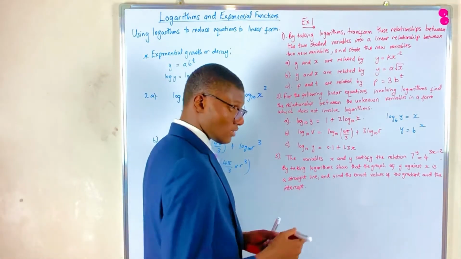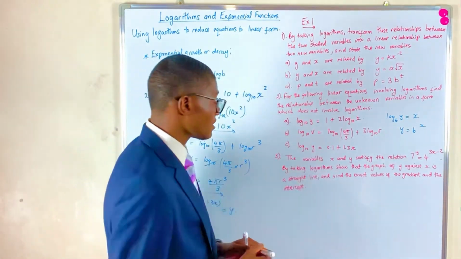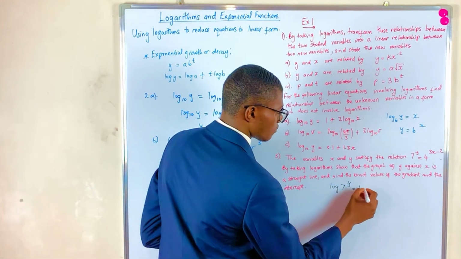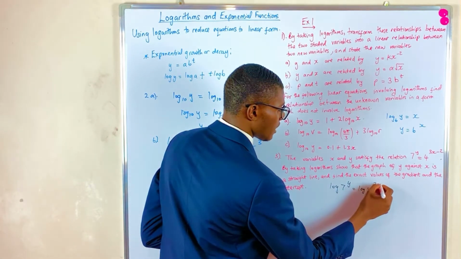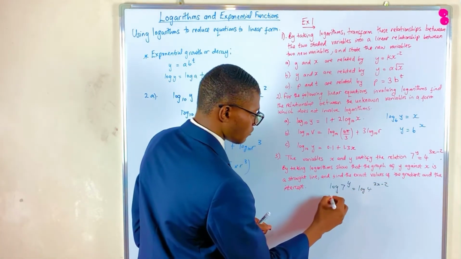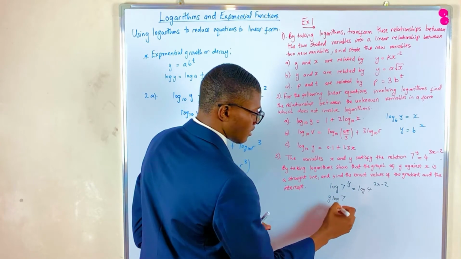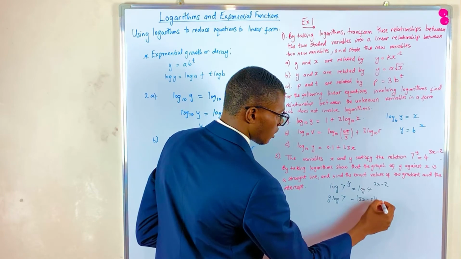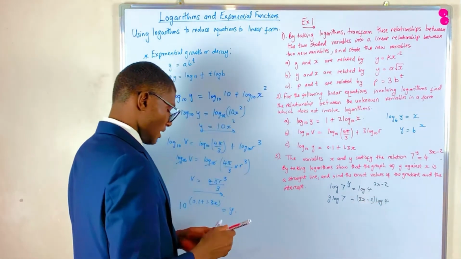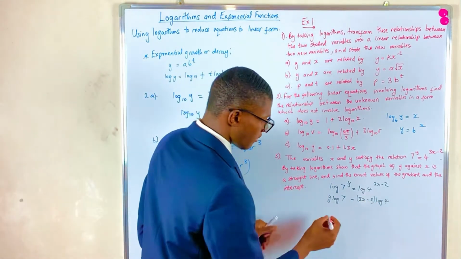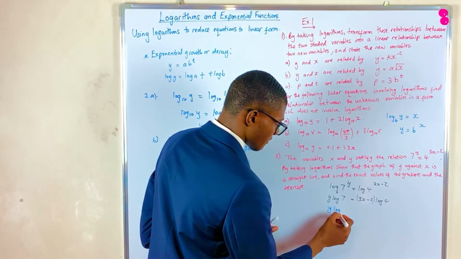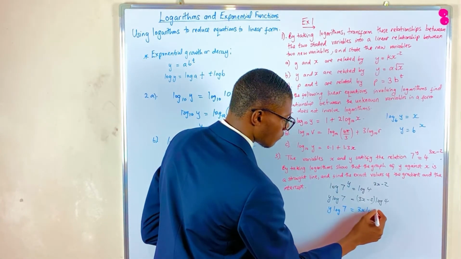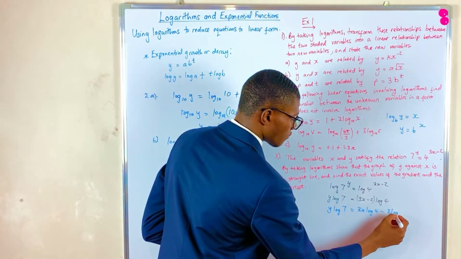So if we introduce logs both sides, we're saying that log of 7 to the y is equal to log 4 to the power of 3x minus 2, right? And then if we drop the powers, this will be y log 7 is equal to 3x minus 2 log 4, right? And here, if we expand, we've got 3x log 4 minus 2 log 4, right?